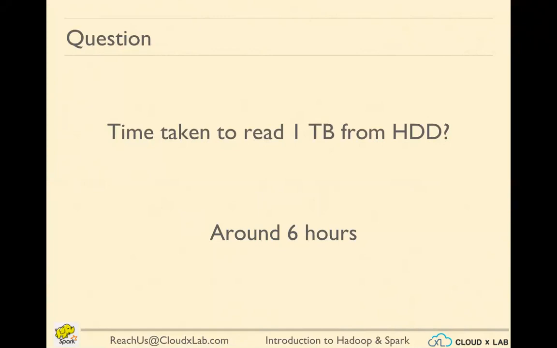It depends on what kind of disk you are using and how fast your disk is. When we talk about big data, generally the hard disk drive is the culprit, the one causing the bottleneck. And if we are using an SSD, the time is going to be at least 10 times faster than this.